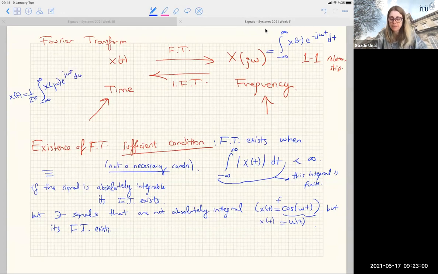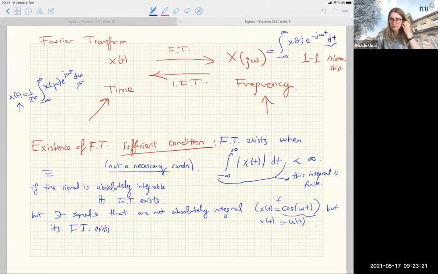This time, I'm getting rid of everything about frequency to get into the time domain. Here, I'm integrating everything related to time to get the Fourier, or frequency domain, representation, okay?